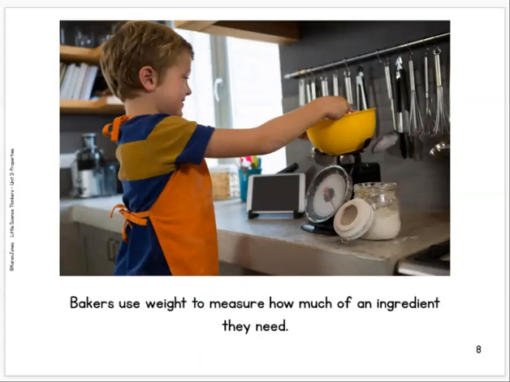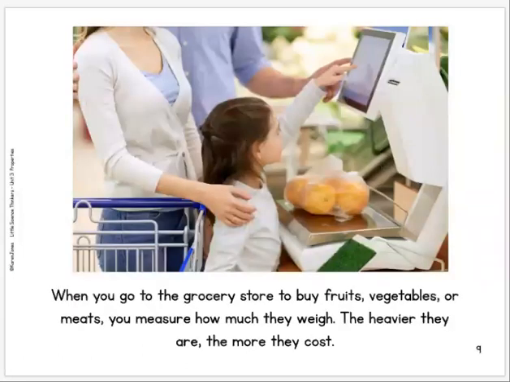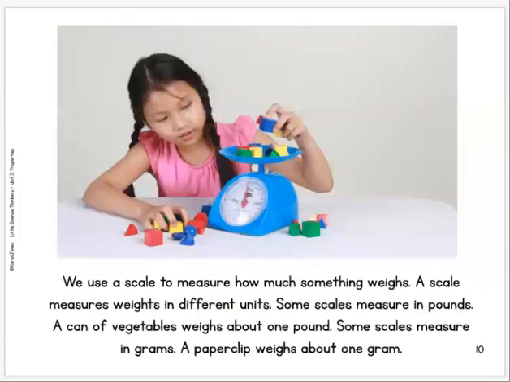He's using a special scale to determine how much flour he needs to put in his recipe. When you go to the grocery store to buy fruits, vegetables, or meats, you measure how much they weigh. The heavier they are, the more they cost. They are weighing the oranges to determine the price and how much they cost.